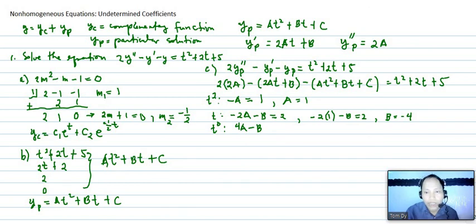And then negative c. And then on this side, we have 5 equals 5. So let me check 2a and then b. If we have here 4a minus b minus c, substitute the value of a.